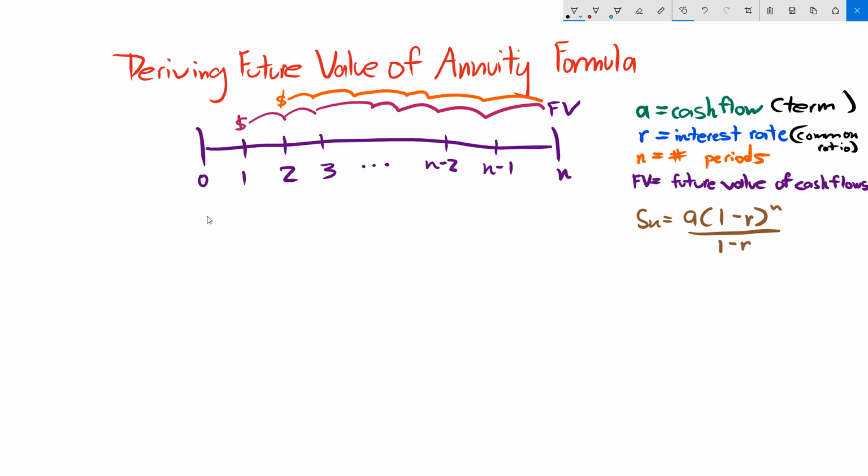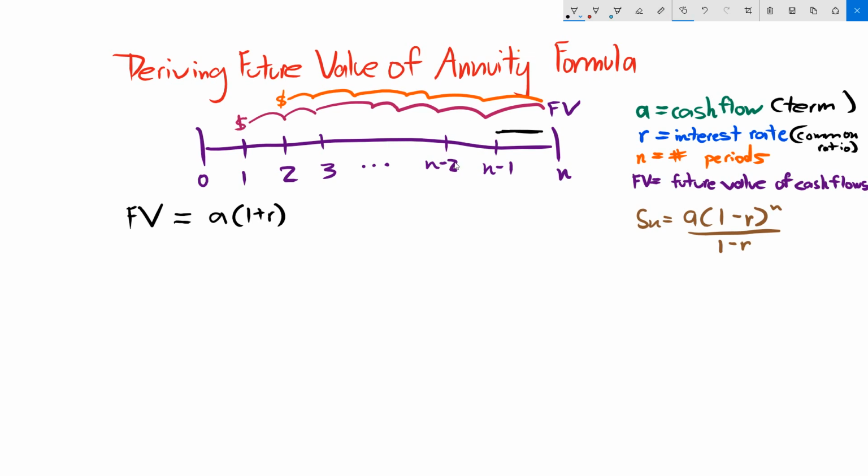The way to start is to think about this backwards. So in the last period, we received some money here, and we're going to receive interest for just one period, only one. So what is that? Well, that is going to be our cash flow times interest for one period.